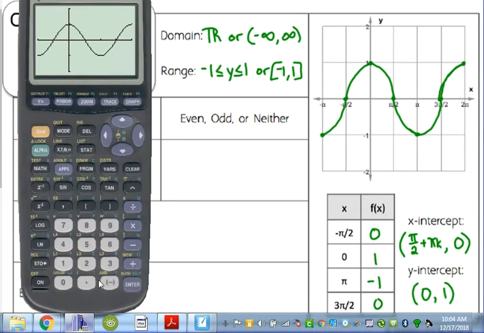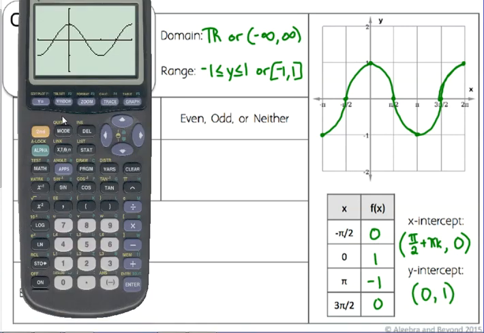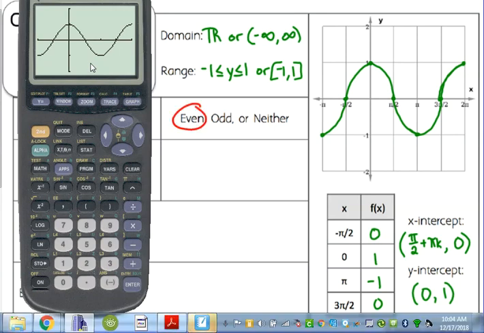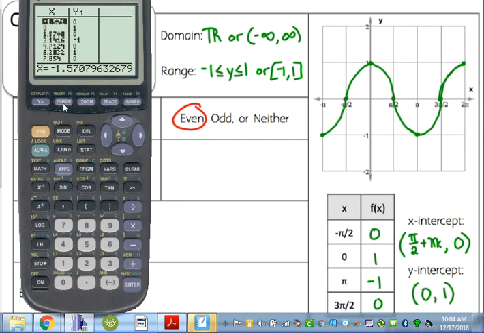Even, odd, or neither. Let's see here. What kind of symmetry do we have on this one? I know we're not looking at a fully symmetric window, but if we folded this graph over across the y-axis, would it be the exact same graph? Yeah. Okay, this one's even. If I go to my table, I can still get it centered up.